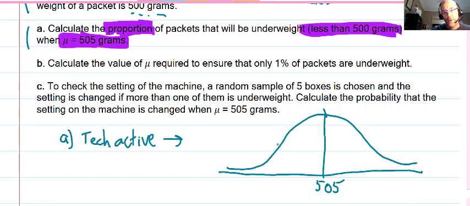So with all that in mind, we can visualize this, and put in our mean of 505 and a quantile here. We're looking at finding this area. The proportion of packets corresponds with the area under the curve in that region there.